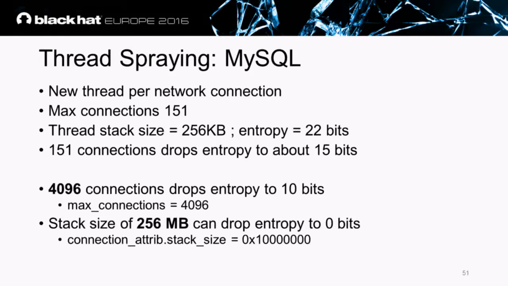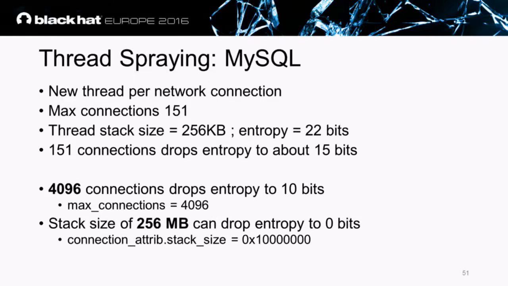But as we assumed, an attacker has the arbitrary read-write capability. And in MySQL, the number of connections is regulated by a variable, max connections. So if the attacker changes this variable, it can create more connections to MySQL and start more threads.